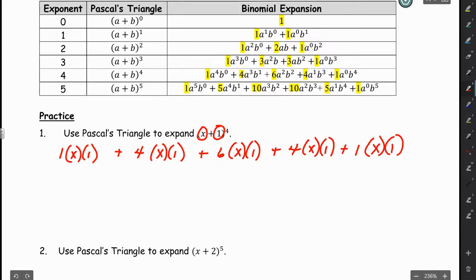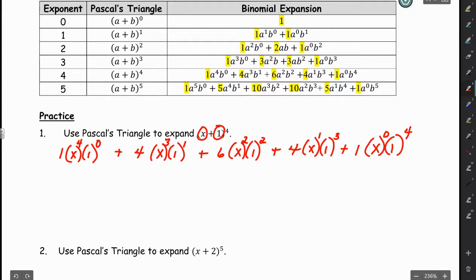All right, now we also had studied what happens with the exponents since we are at the fourth power. We're going to start at 4 with our first term and go down to 0. And then on the second part of this term, we're going to start at 0 and we're going to go up to 4.